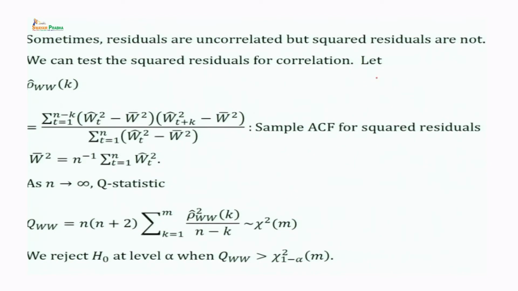Suppose you define rho hat w w k as the sample ACF of squared residuals, which is equal to summation t equal to 1 to n minus k (w t hat square minus w bar square)(w hat t plus k square minus w bar square) upon summation t (w hat t square minus w bar square) square.